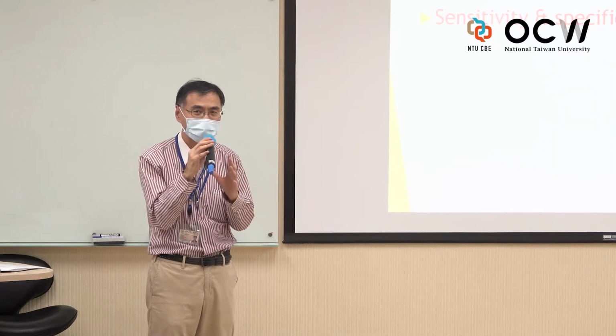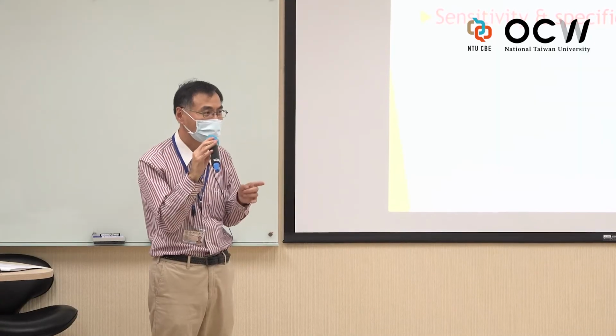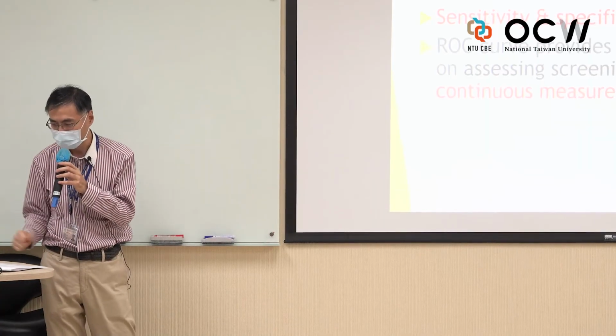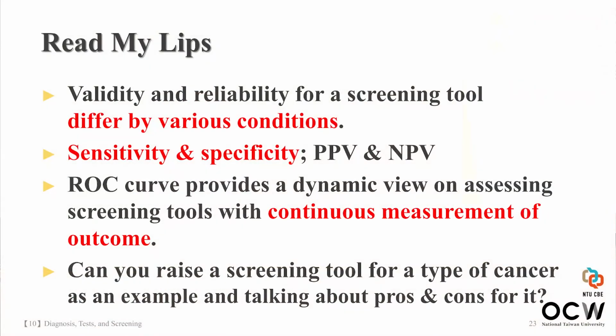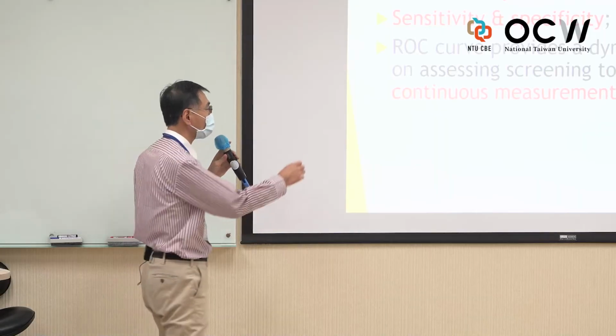And we combine them together for evaluation of those tools by the ROC curve. So sensitivity and specificity will be the essential ones. And the ROC curve is a tool which provides a dynamic view on assessing screening tools with a continuous measurement of outcome. That's why it's very useful.